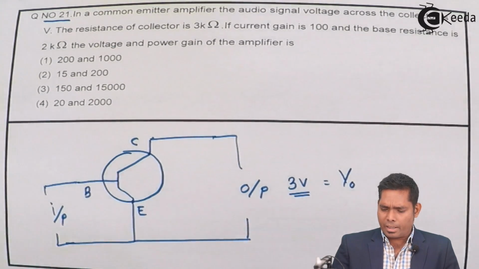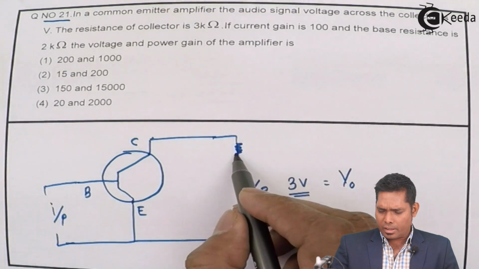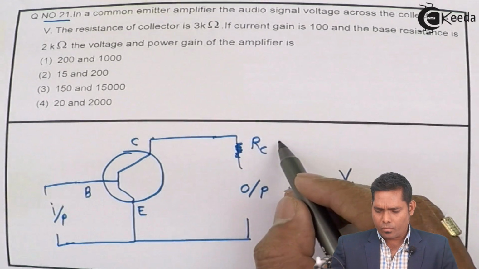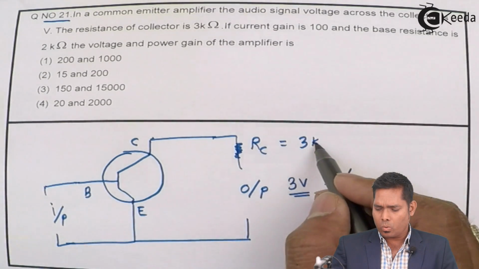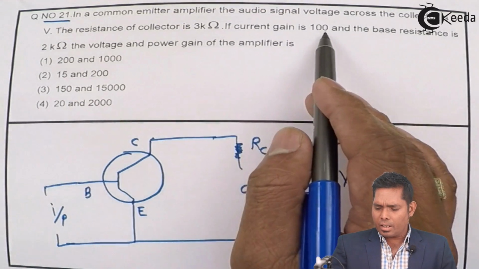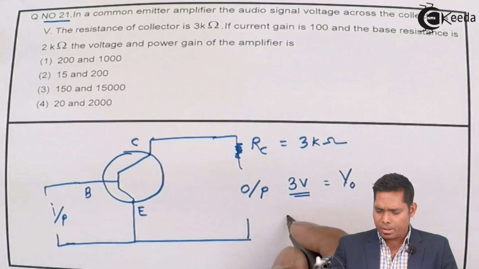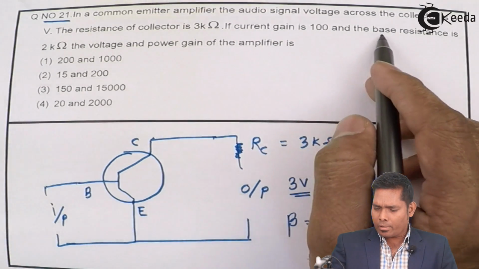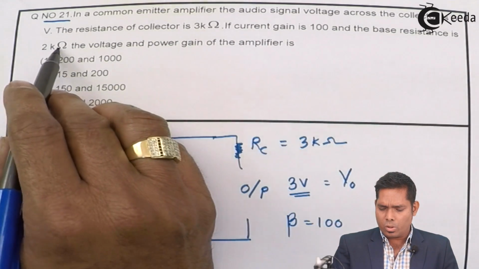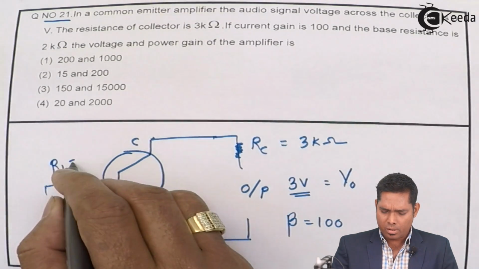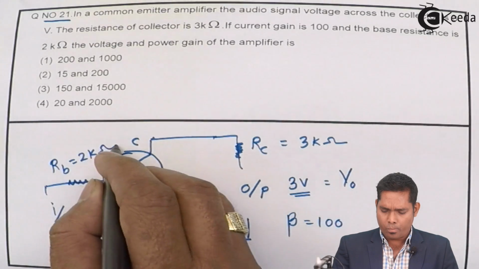The resistance of the collector, a very high resistance, RC, is 3 kilo ohm. The current gain beta is 100, and the base resistance is 2 kilo ohm. Here the resistance in the base is 2 kilo ohm.